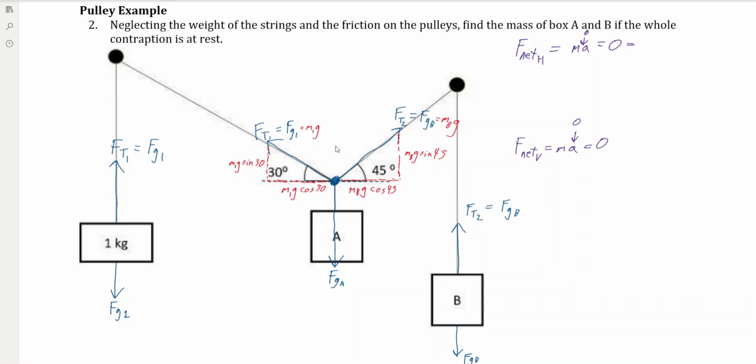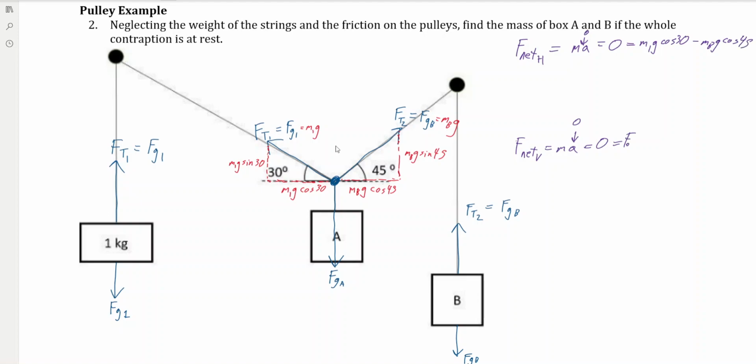Okay, the question is, what are all the forces? So in the horizontal direction, it's relatively easy. We've got M1G cos 30 minus MBG cos 45.